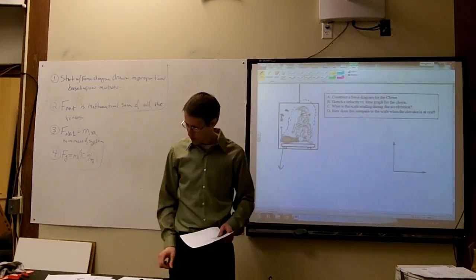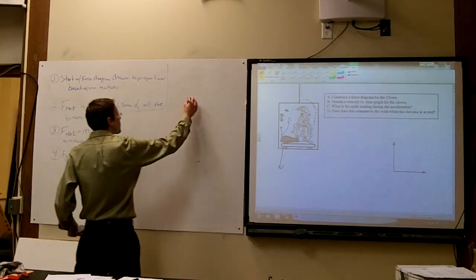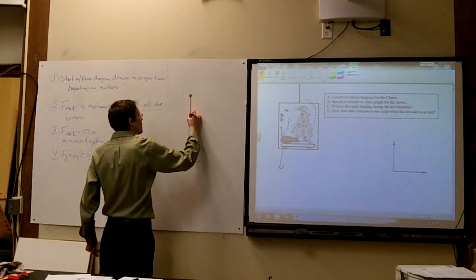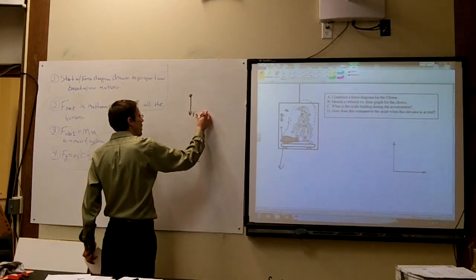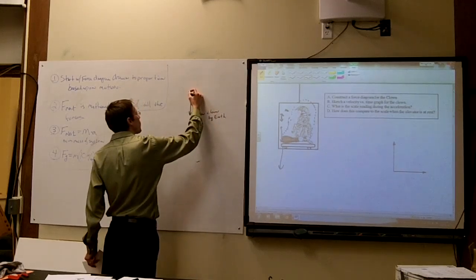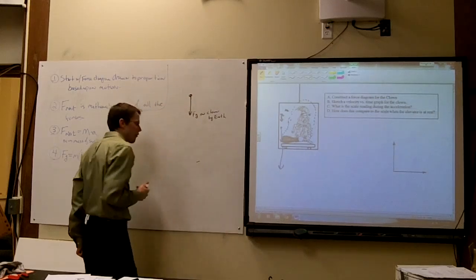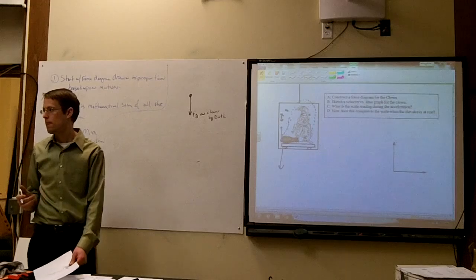Now, what forces are acting on this clown? Force gravity, force gravity on clown by earth. What else? Force normal. Which is going to be bigger, the force gravity or force normal? Force gravity.